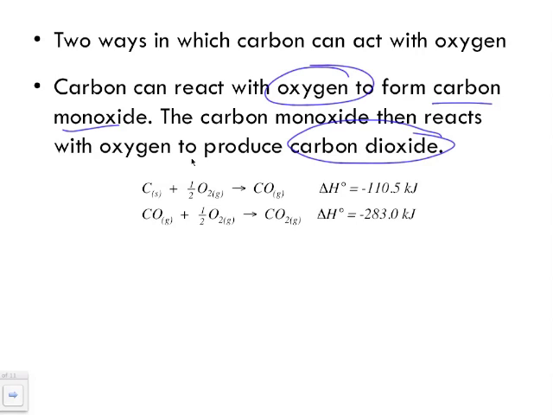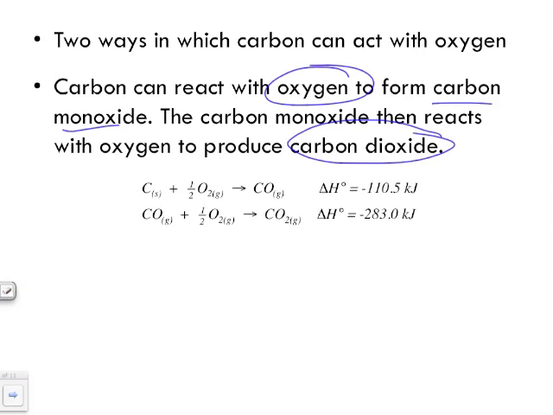So carbon here, because we're combusting carbon, we're looking at the delta H, the change of enthalpy, based on 1 mole of carbon. Carbon is going to react with half a mole of oxygen. Again, just for argument's sake, we're going to use fractions, because this number is based on 1 mole of carbon, of course.